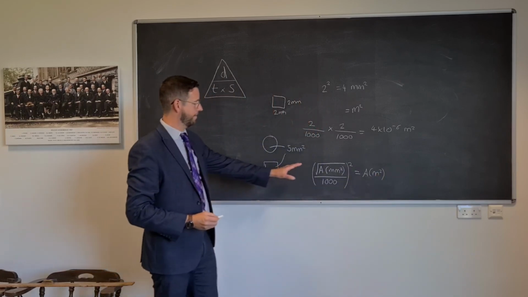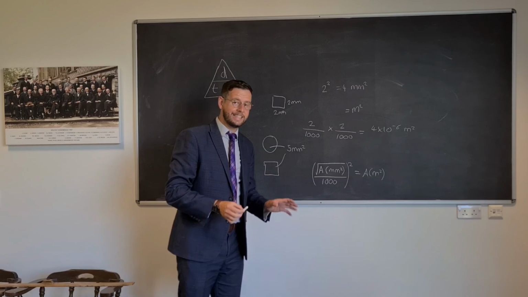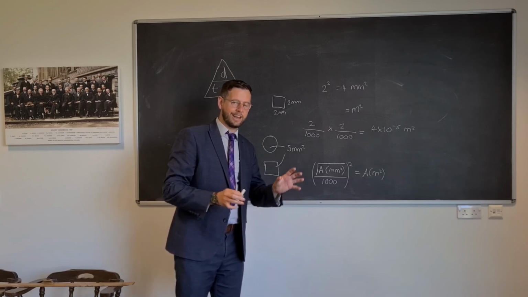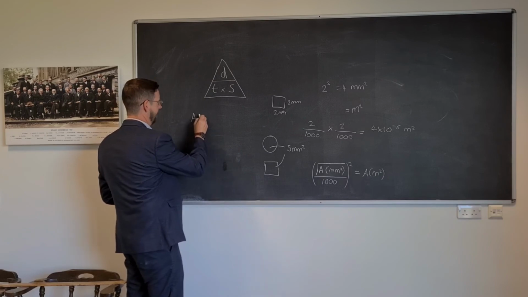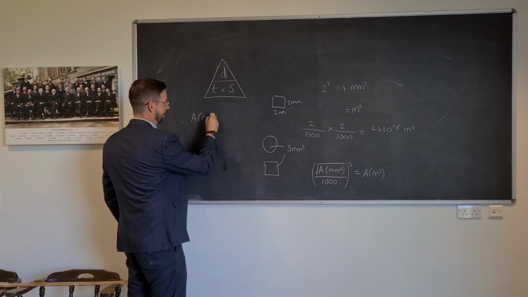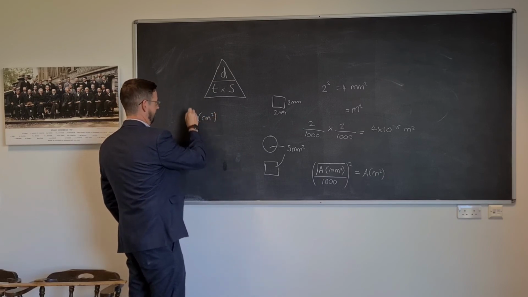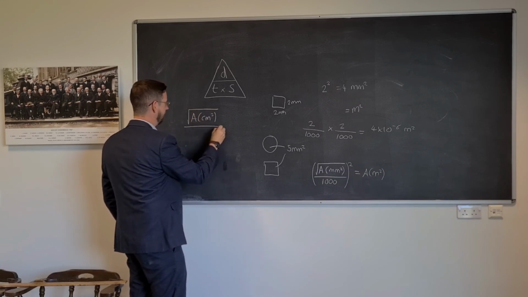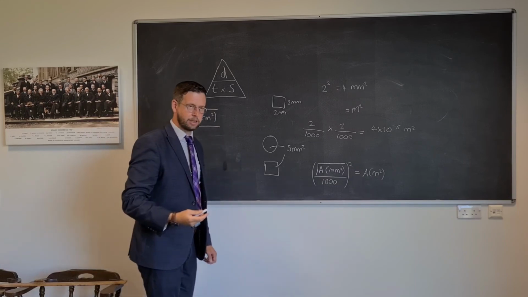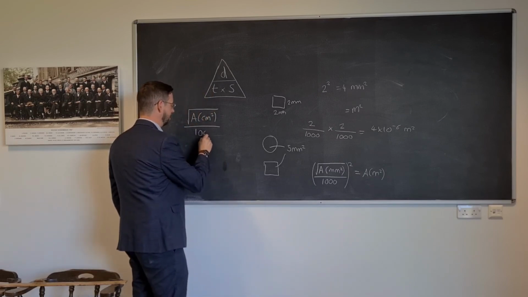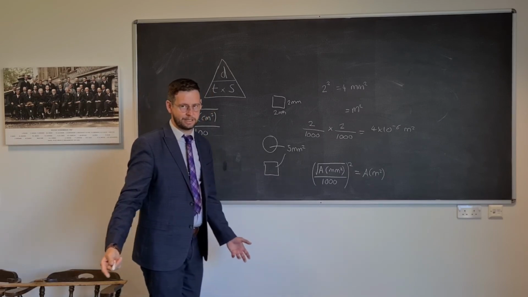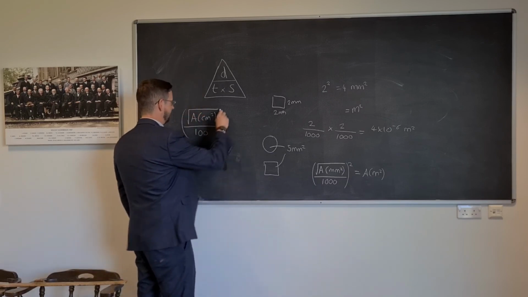Now, the power of this particular formula is it is actually applicable when you slightly adjust it to lots of situations. For example, the area in centimeters squared, square rooted, divided in this case not by 1,000, because we're going from centi to a metre. We're going to divide by 100 because there are 100 centimetres in a metre, and then square it.